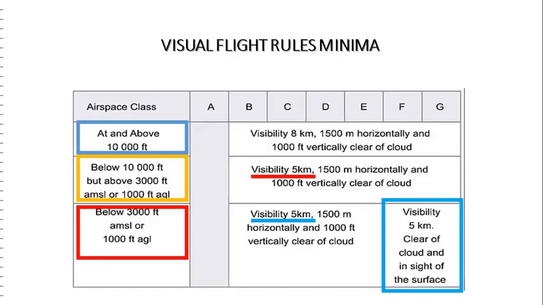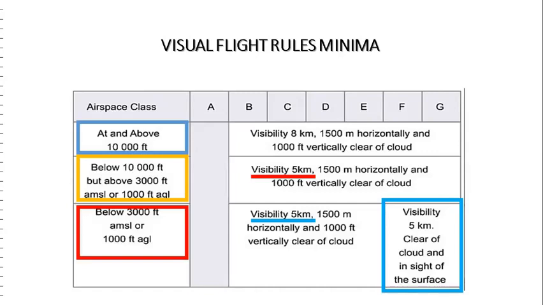So at and above 10,000 feet, for classes B to G, visibility is 8 kilometers, and 1,500 meters horizontally away from the cloud, and 1,000 feet vertically clear of cloud. If we are below 10,000 feet but above 3,000 feet above mean sea level, or 1,000 feet above ground level, 5 kilometers visibility is required, and 1,500 meters horizontally and 1,000 feet vertically clear of cloud.